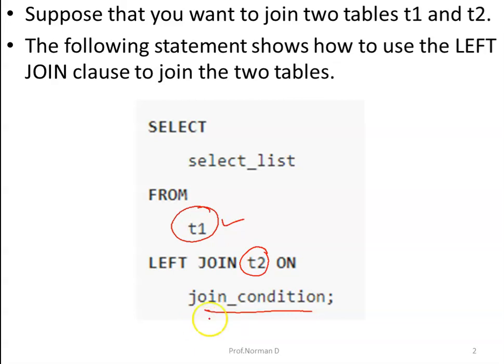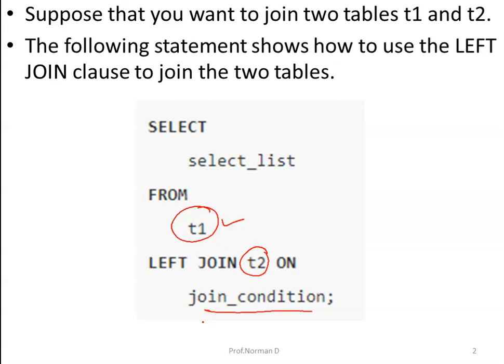In case the row from the left table, that is T1, does not match any row from the right table, that is T2, the left join still combines columns of rows from both tables into a new row and includes the new row in the result rows. However, it uses null for all the columns of the row from the right table.